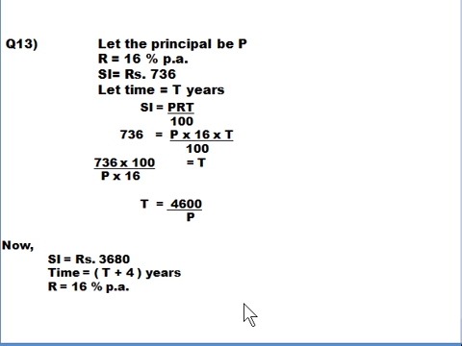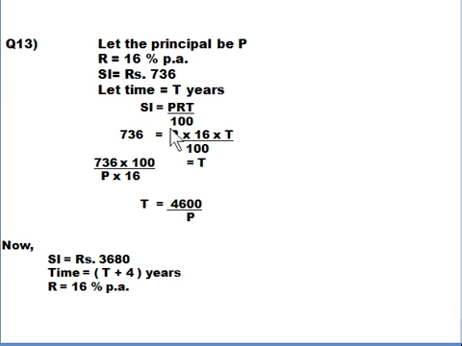They are saying Anwar lends a sum of money at the rate of 16% per annum and receives rupees 736 as the interest. So the principal is not given, so I have assumed the principal to be P. Rate is given as 16% per annum and the simple interest is given as rupees 736. The time is also not given, so I have assumed the time to be T years.